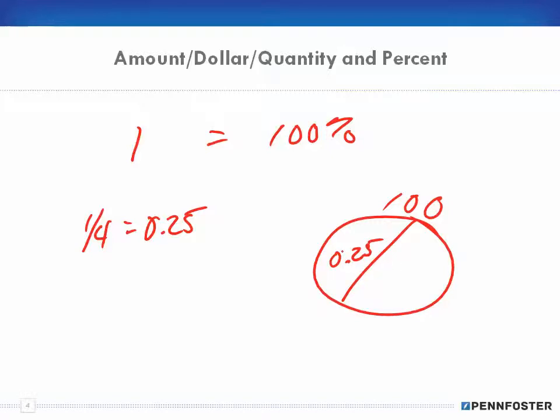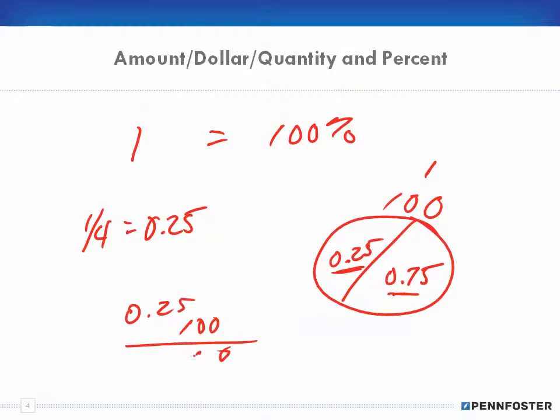And that means this portion has to be the other part in order to get to 1 or 100, which is 0.75. And all we need to do is just convert that decimal into a percent by multiplying 0.25 times 100. And since I have two decimal places here, 1, 2, I end up with 25%.